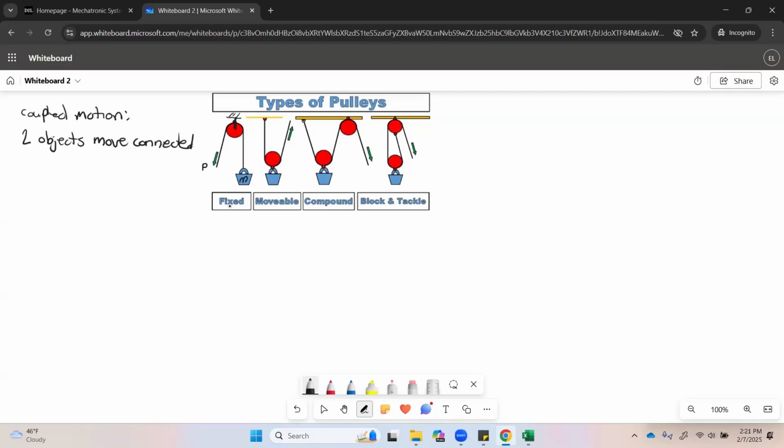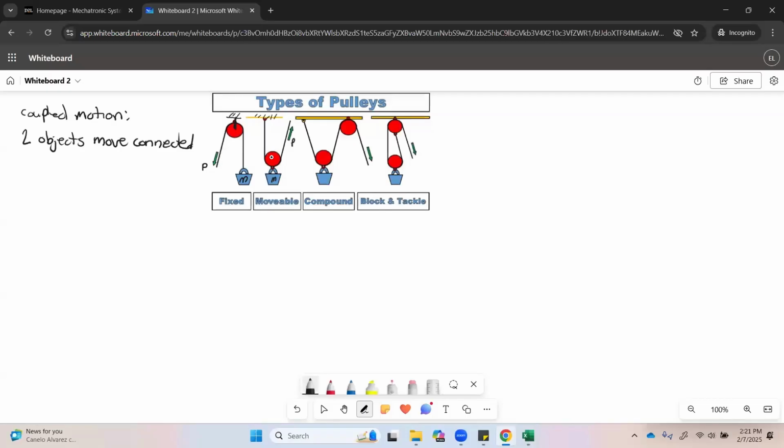That's a fixed pulley. The second type is a movable pulley. So the string is fixed on the ceiling up here. And then the person pulls, the pulley is just hanging. So if the person let go of the pulley, everything would just collapse. Here the person's pulling up with force P. And that makes the pulley move and the mass moves.